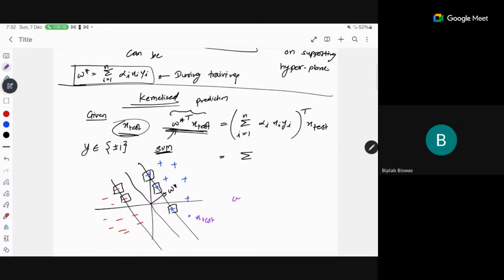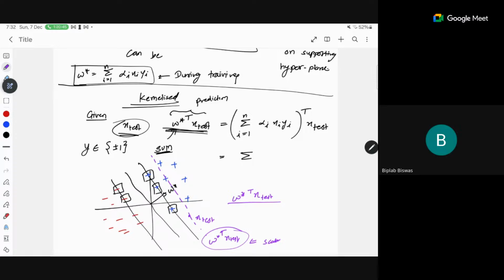I will use this W star. I'll take W star transpose X test, right? That will be this line, or that point lies on this line, and the equation of this line will be W star transpose X test. So I get some value, because this is a scalar quantity, right?